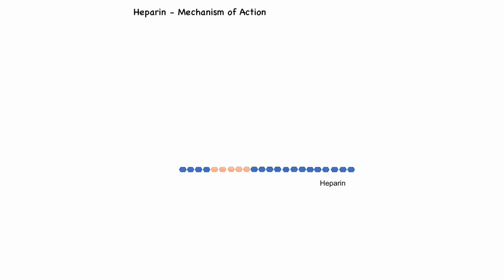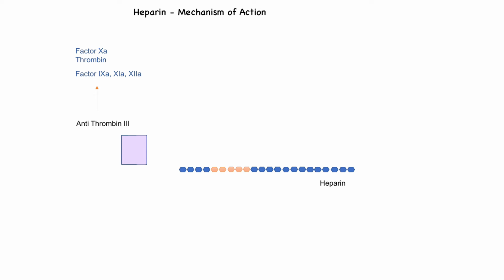Anticoagulant effects of heparin are mediated through its effects on antithrombin 3. Antithrombin 3 is a natural anticoagulant present in blood, and it inactivates several activated clotting factors including factor 10 and thrombin. It inactivates other clotting factors as well.